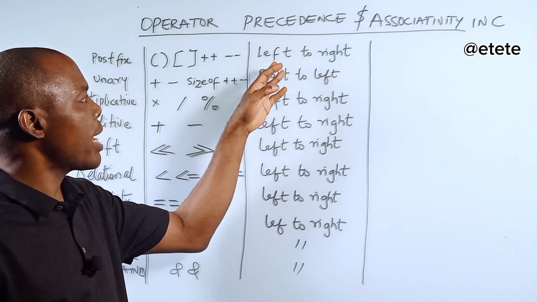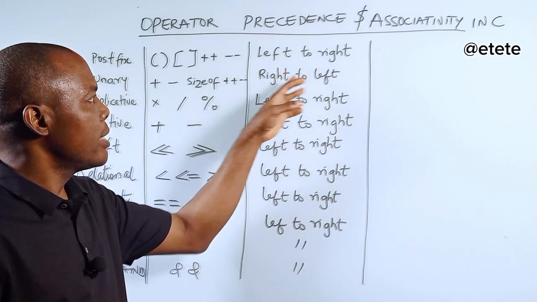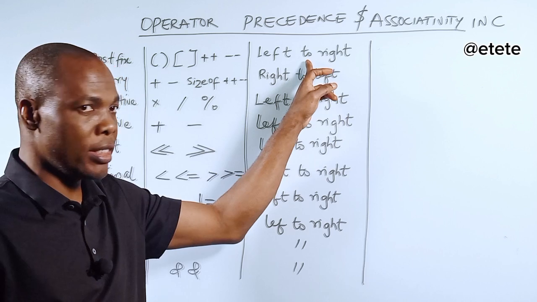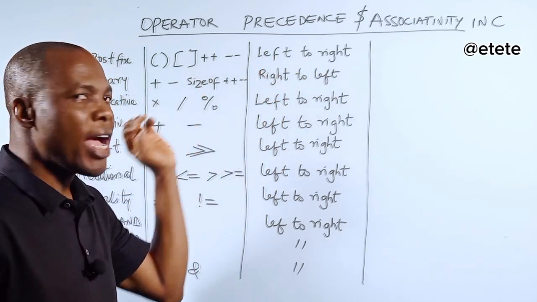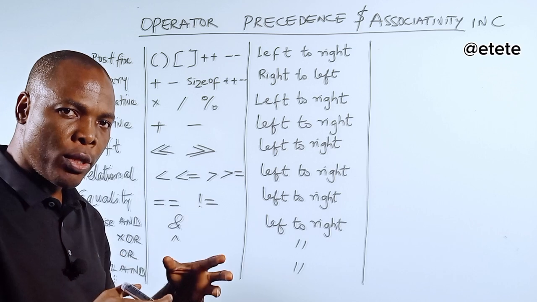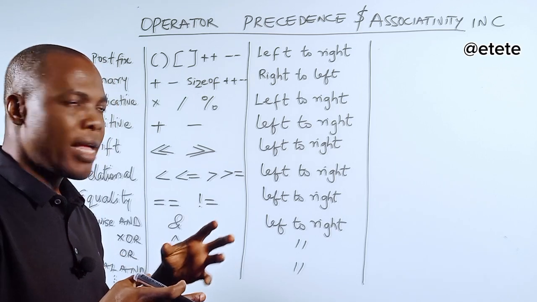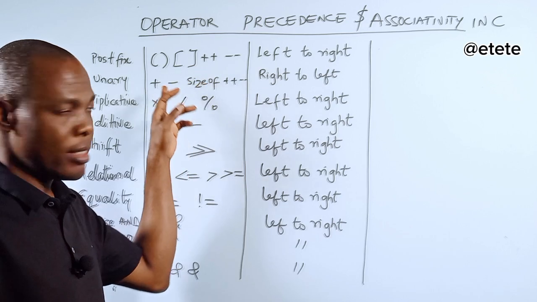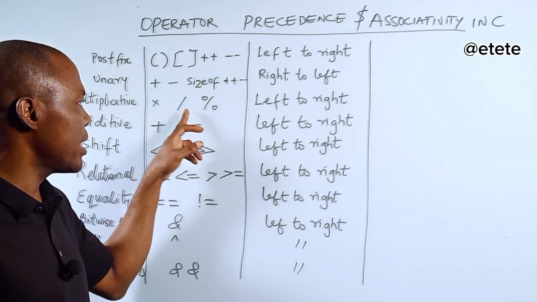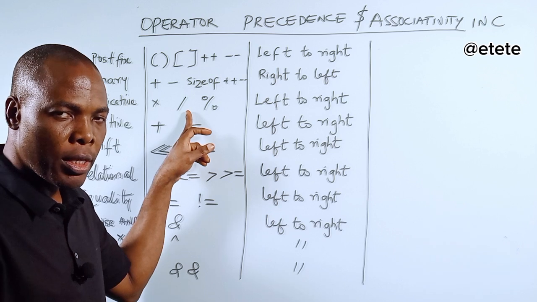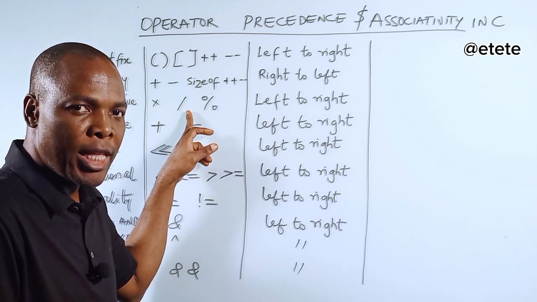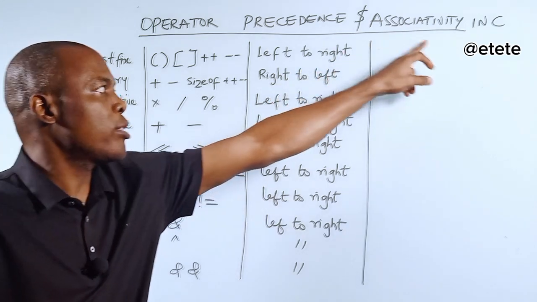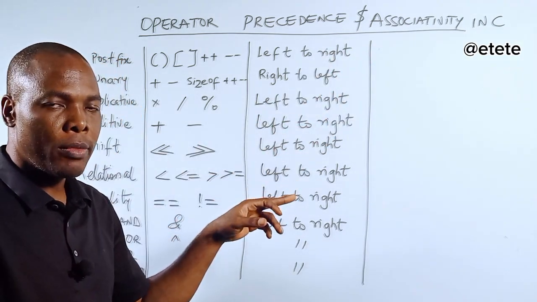Then you also look at the associativity, which is this. If you have operators that have the same precedence, meaning you have this and this in an expression, how are you going to treat that expression? That is where the associativity comes in.